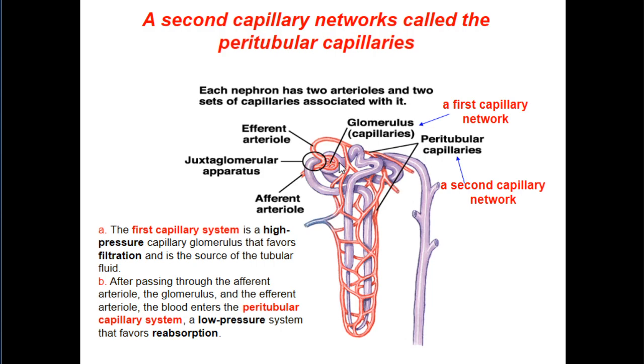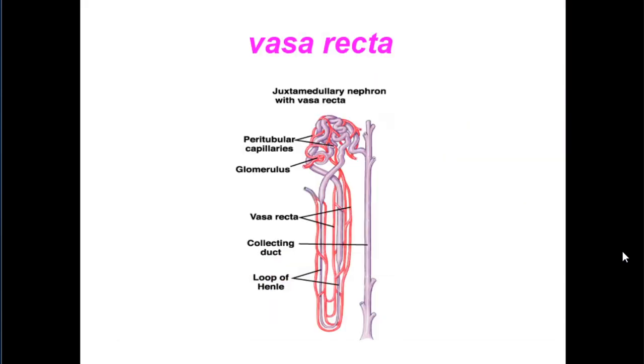After passing through the efferent arteriole, the blood enters the peritubular capillary system, a secondary capillary network, which is a low pressure system that favors reabsorption. And in juxtamedullary nephrons, instead of peritubular capillaries, you will have vasa recta.